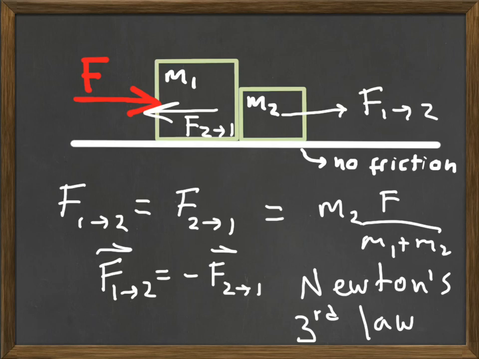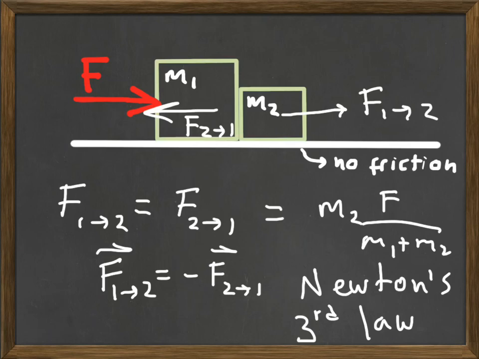So this is actually a special case of Newton's third law, especially in the sense that we have derived this in a specific context of M1 and M2 and the forces acting on them. But as we're going to discuss in the next video, Newton's third law is a very general statement. It's a law of nature that is obeyed in all situations, in all cases.